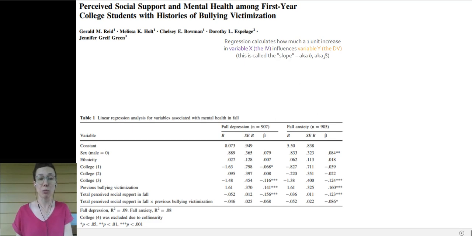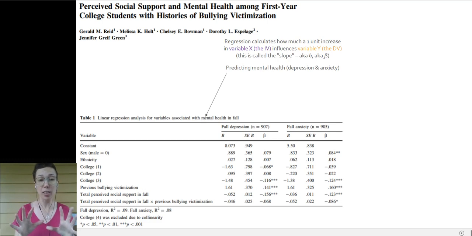Again, we want to start with thinking about what is the independent variable and what is the dependent variable. What is doing the influencing, and what is dependent upon that influencing. Reading the heading of the table is always a great place to start. Linear regression analysis for variables associated with mental health in the fall. So we know we're predicting mental health.